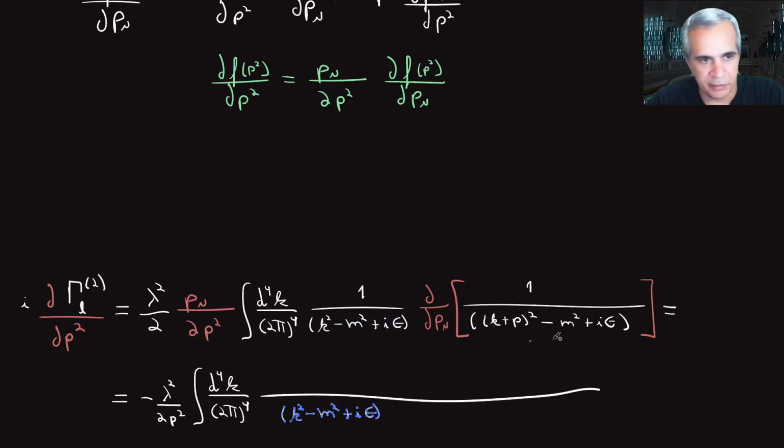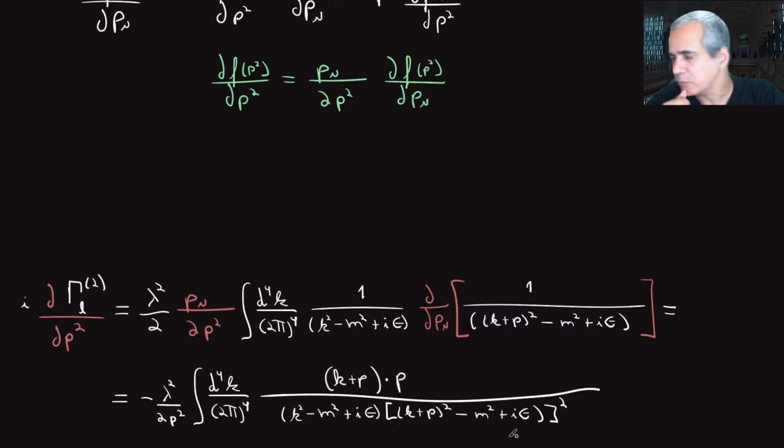And now the result of this derivative. So this part just becomes the same denominator squared. There's a -2 that I brought up front. That's why there's a minus here and a factor 2 disappeared. And the numerator has this p mu contracted with the derivative of this part. So this will be k plus p times p. Again, the factor 2 went outside.